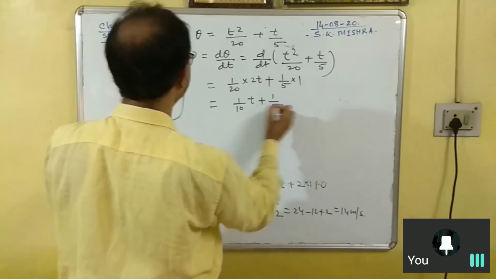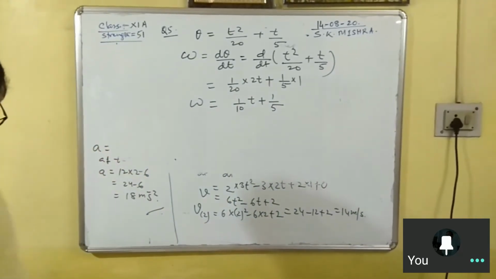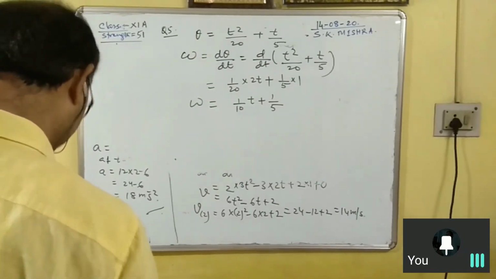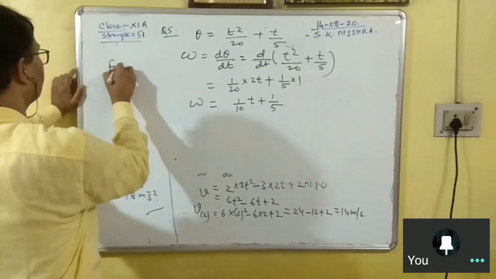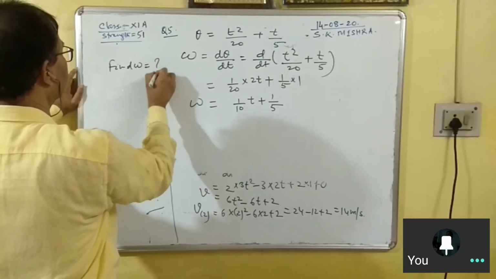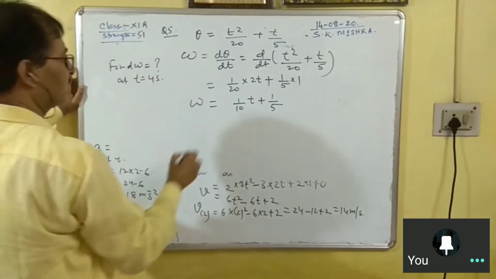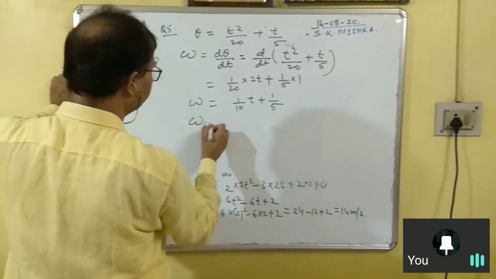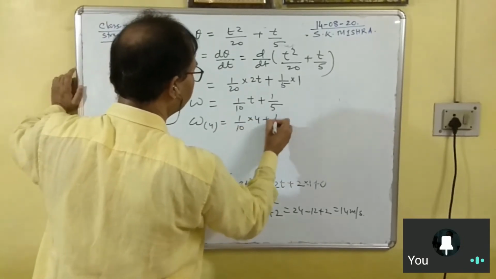This is omega. Now you have to find omega, suppose at t is equal to 4 seconds. So find the angular velocity at t is equal to 4 seconds. Then omega at the end of 4 seconds is 1 by 10 into 4 plus 1 by 5.